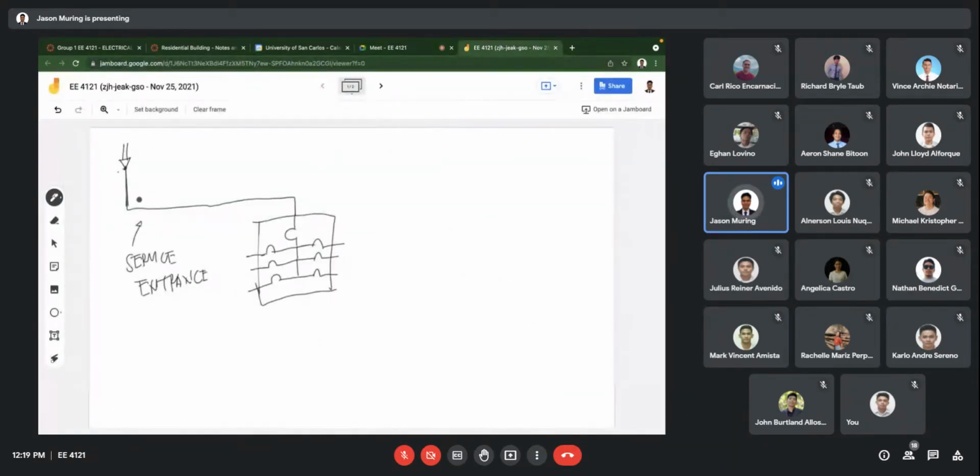Okay, so since we only have one floor building, usually the main is automatically already within your main panel board as well. So in our calculation, we'll just base our feeder calculation on this conductor, from the service point to your panel board. This conductor is based on your total demand, as in our previous example.